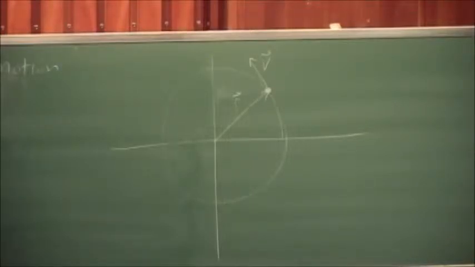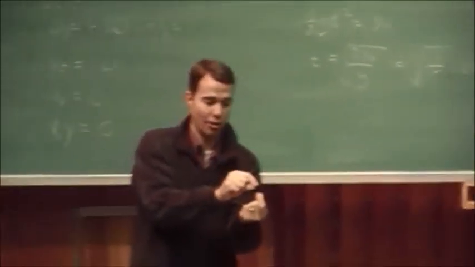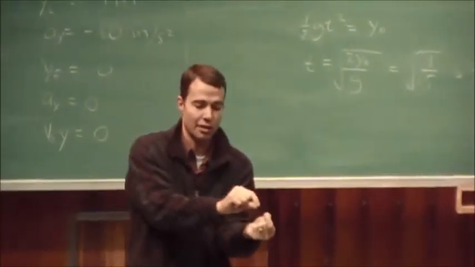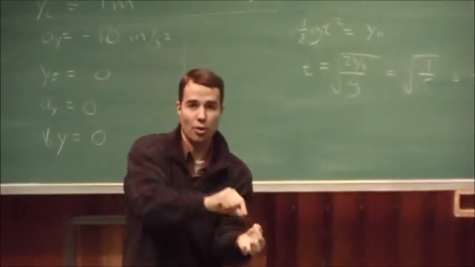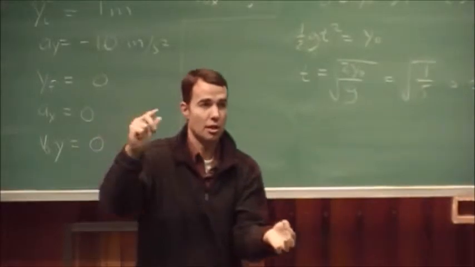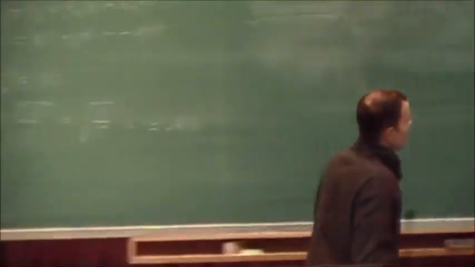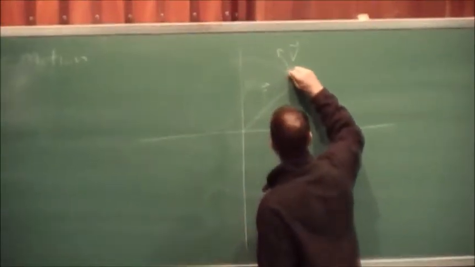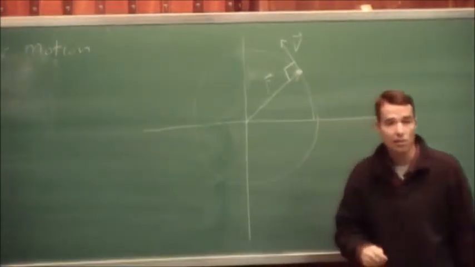They're at 90 degrees. If it's circular motion, then the velocity is tangent to the circle, whereas the radius, which I'm calling r, goes from the origin out to that edge. So for uniform circular motion, this is 90 degrees.